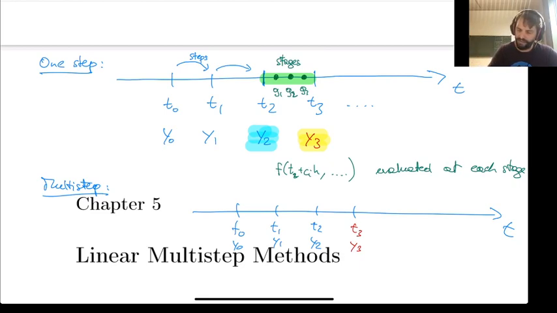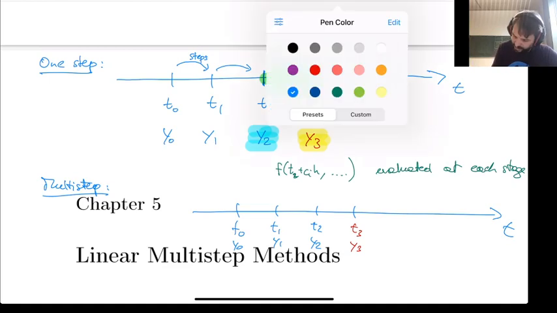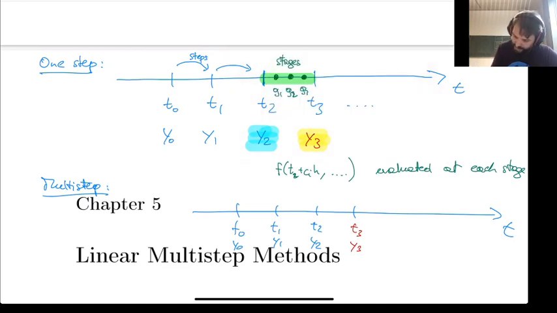Let's just take the values at the previous times as our points from which we extrapolate the solution. So here we're not using G1, G2, G3, we're using Y0, Y1, and Y2 in order to compute Y3.